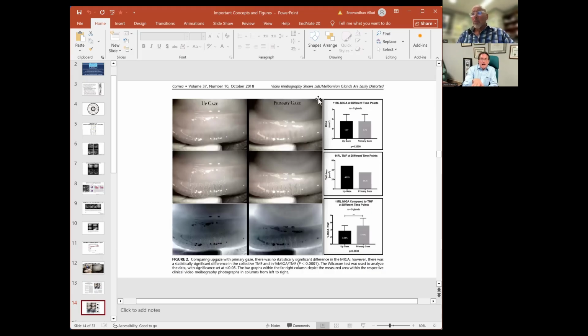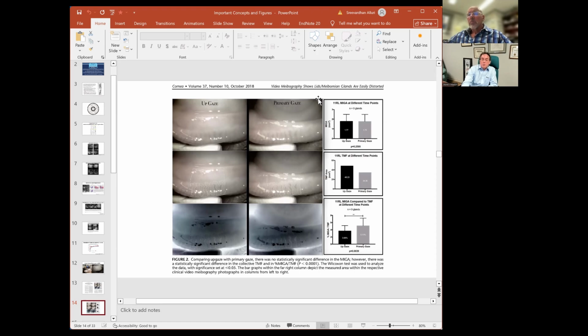You can see how in up gaze the width of the lid is significantly greater than when they're looking straight ahead. So as a percentage of the entire lid, in primary gaze, the glands look to be more full or longer than in up gaze. This is the same lid, mind you.